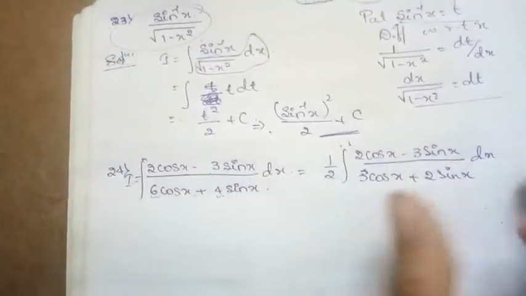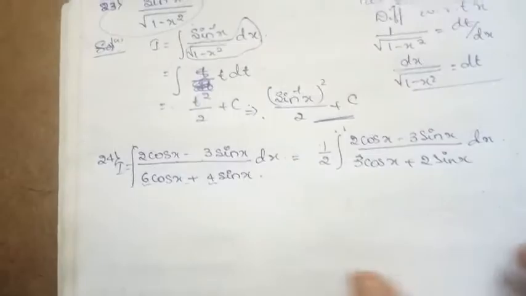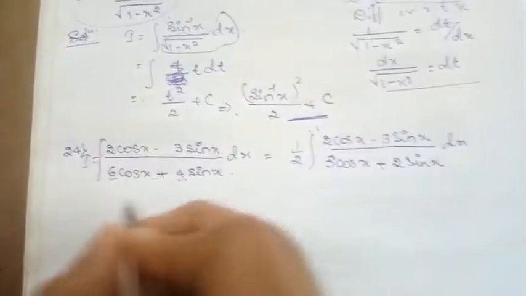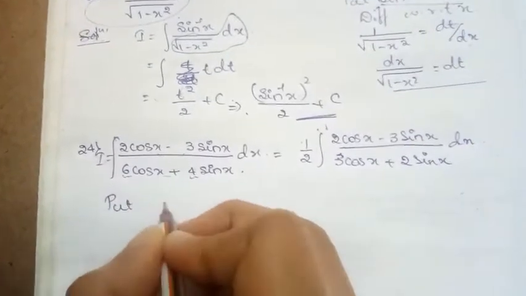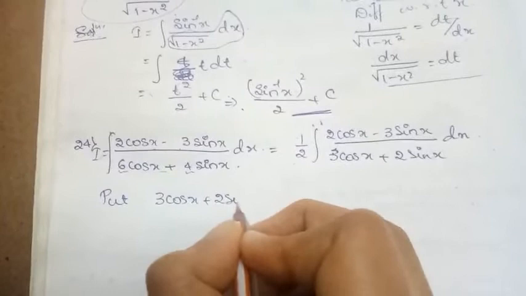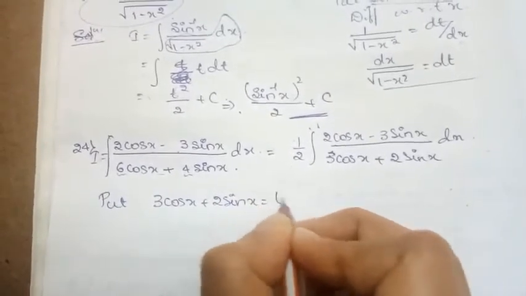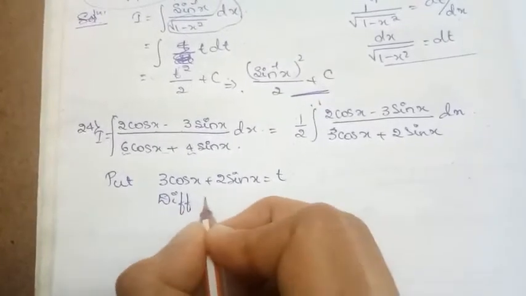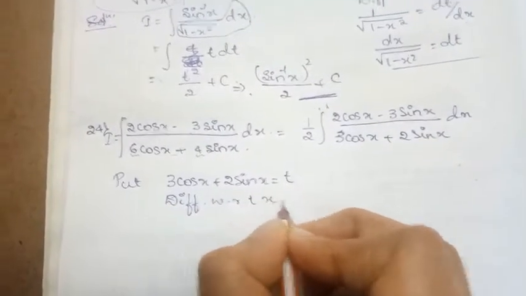Now again we start with the substitution. I am going to put 3 cos x plus 2 sin x is equal to t. After that, I will differentiate this with respect to x.